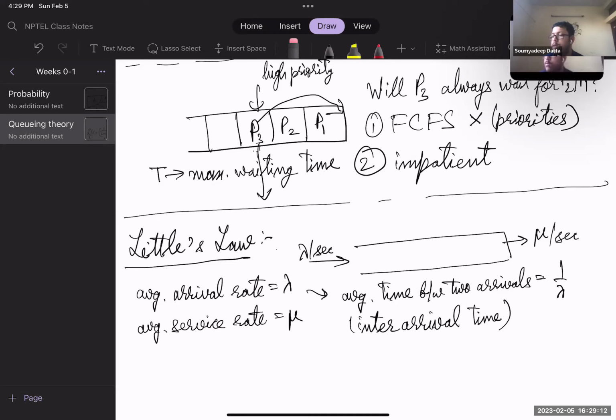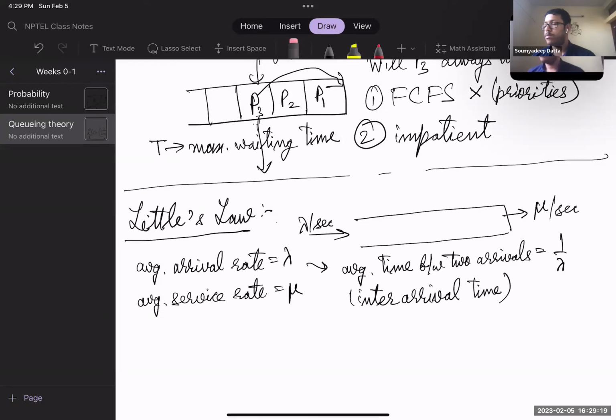Then the average time is 1 by lambda, which is equal to 2, so you can compute lambda to be half. I'm just trying to show how we will solve a problem. If you're given that the inter-arrival time is 2 seconds, you can compute the arrival rate from there, right?